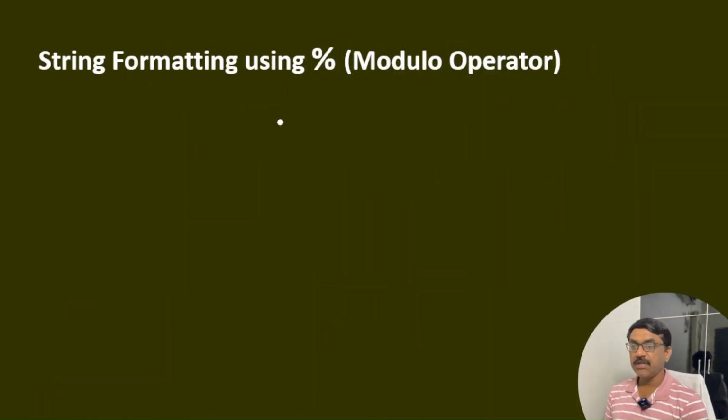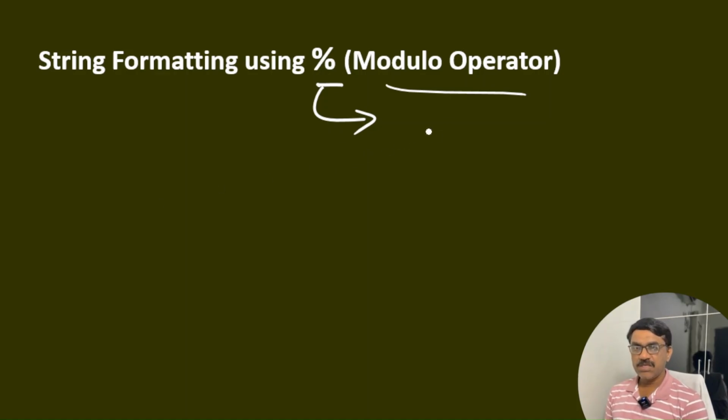Under string formatting, the first operator we are going to use is percentage, that means the modulo operator. Now we are going to see how to use the modulo operator, the percentage symbol, for string formatting. Please remember that this is one of the oldest techniques used for string formatting.